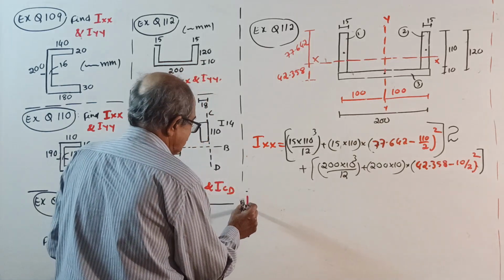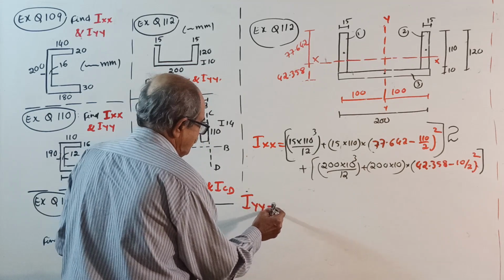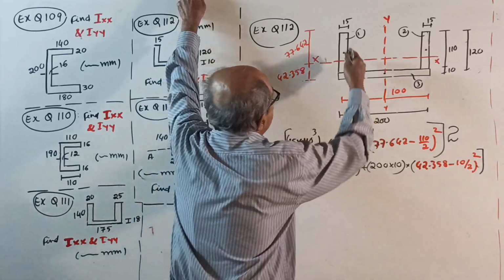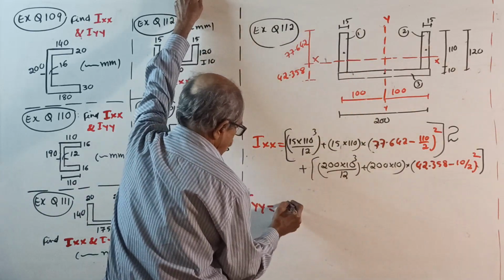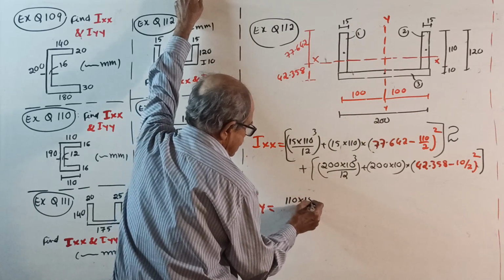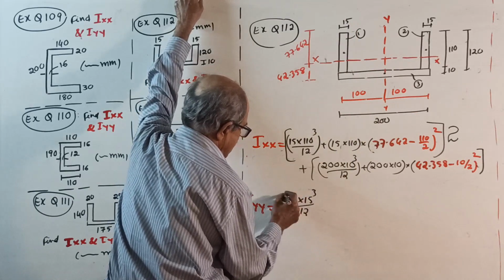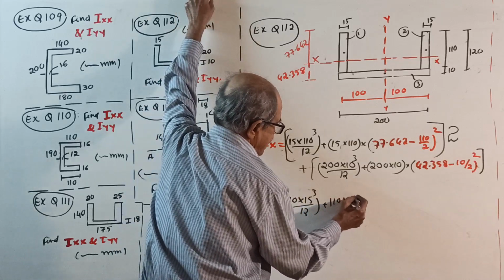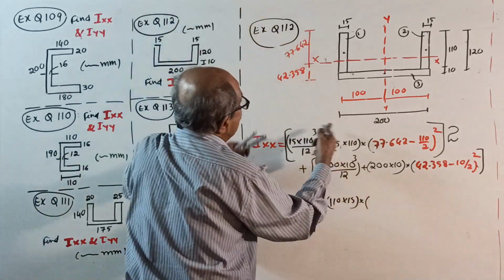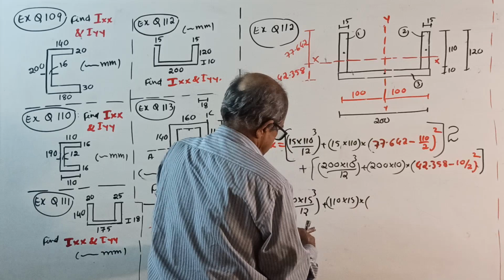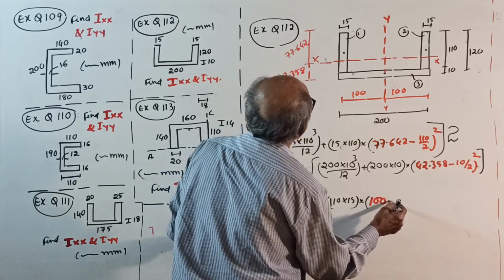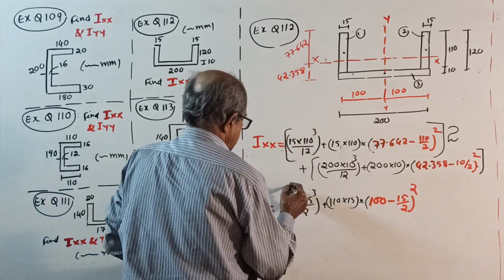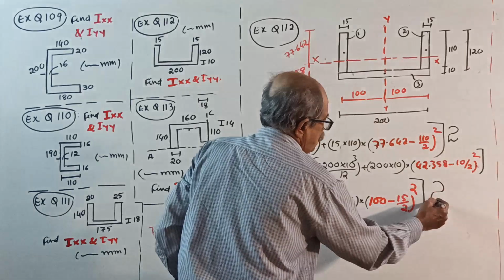Now Iyy. In the class, if I tell students to start, they say, okay sir, you do, sir, we can't do it. Iyy. Start with 1: 110 into 15 cube by 12, Ig, plus area, 110 into 15 is the area, into 100 minus 15 by 2 whole square, into 2.